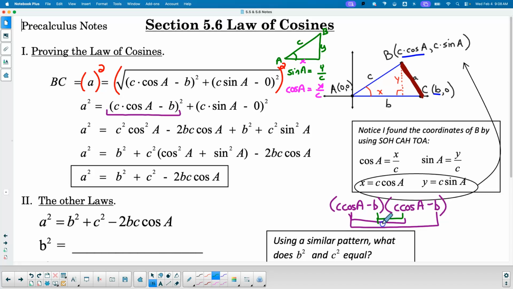And then negative b times negative b is positive b squared. The nice part about subtracting by 0 is that this part basically just goes away. So when I square that one, then it's just c squared sine squared of A.